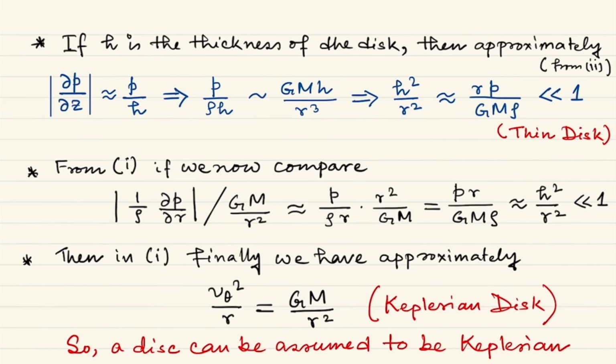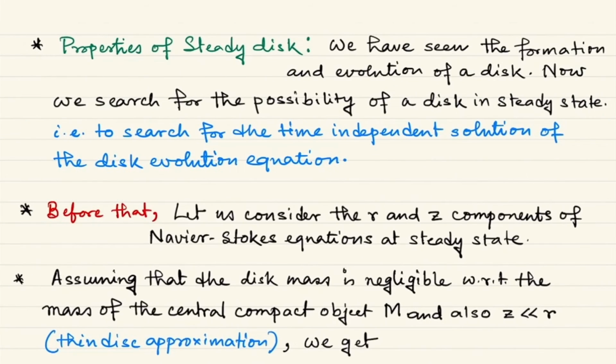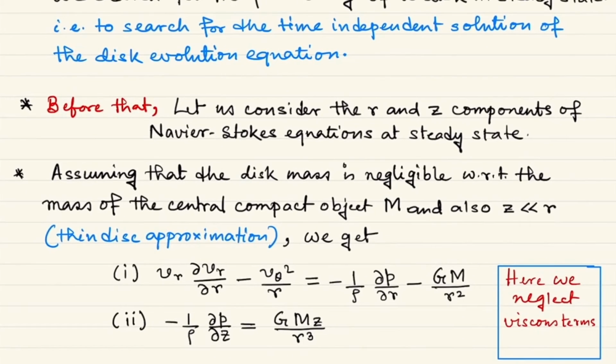If we do that, you will see that the ratio of these two is roughly also equal to PR by Gm rho, and this is then also very less than 1 in thin disk approximation. That's why we can assume that the gravitational term is dominating over the pressure term, so we just neglect the pressure term.